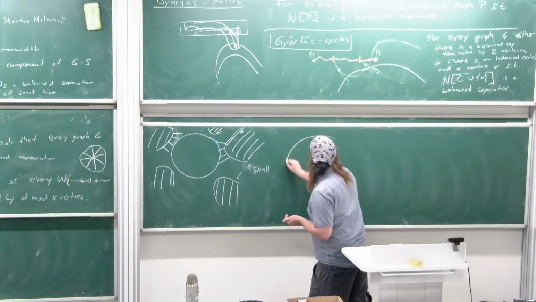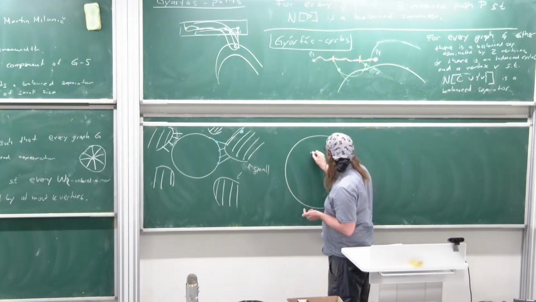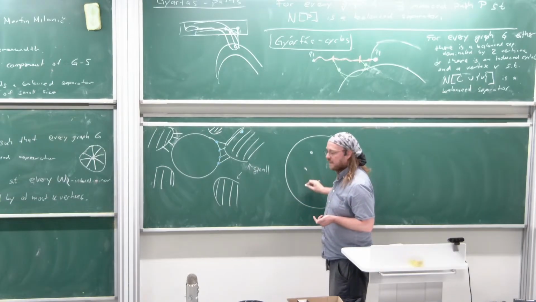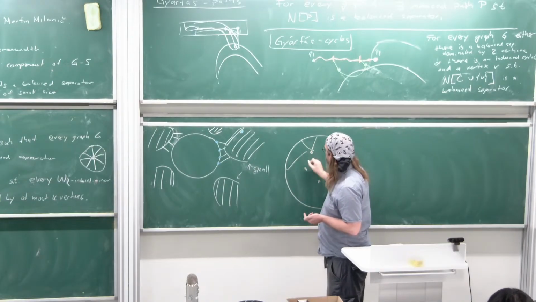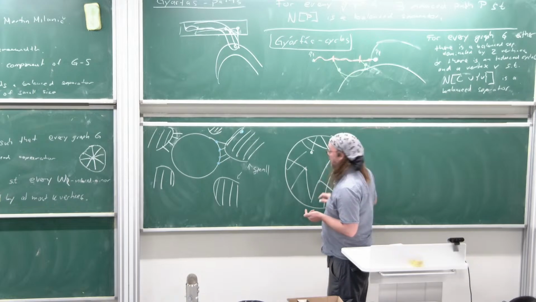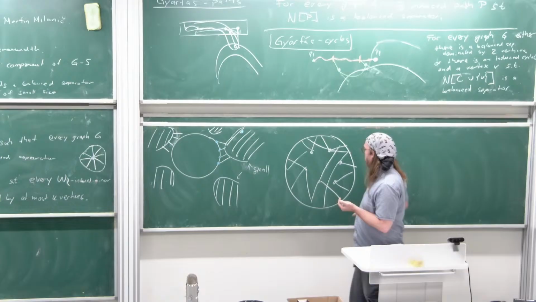So what we are ending up with is a graph that is just a cycle plus an independent set of vertices. Each of those has strictly less than L neighbors on the cycle, at most L-1 neighbors on the cycle.